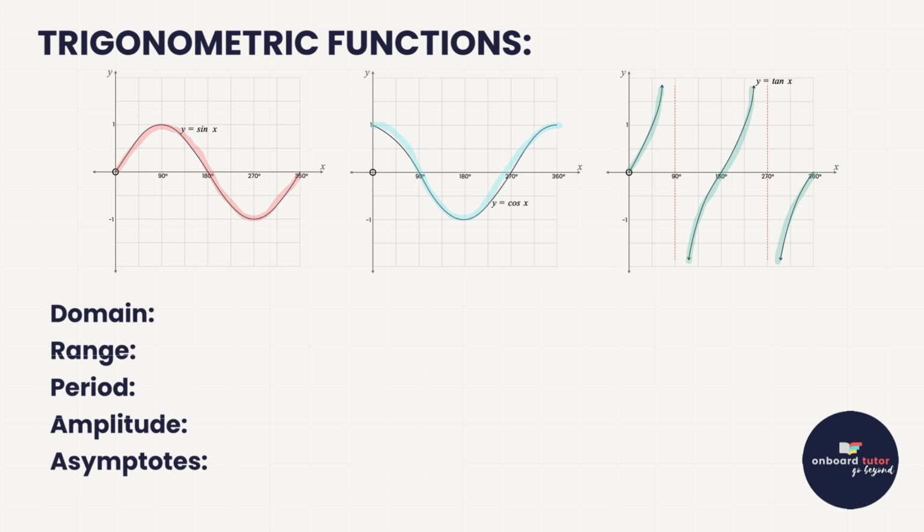Okay. We could be asked any range of information or questions on these graphs. So if they ask us what the domain is, that's the x values for which this graph can be defined. Now at grade 10 level we are restricted to a smallish domain.